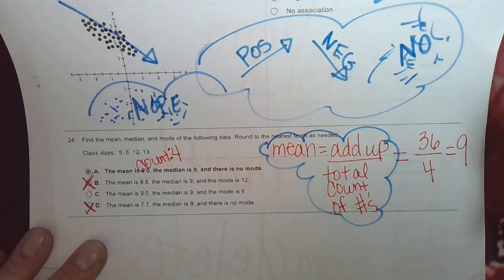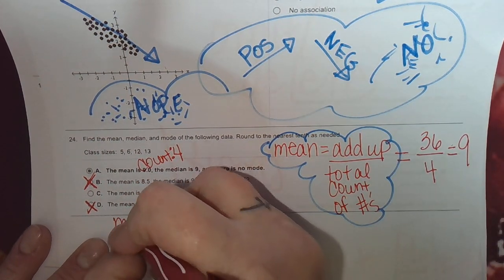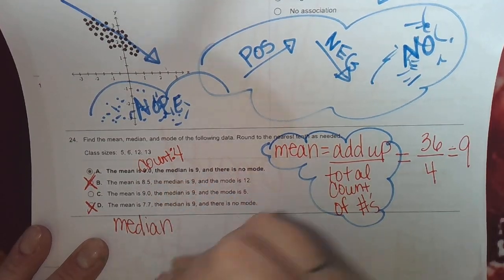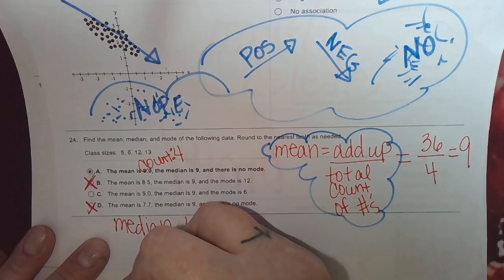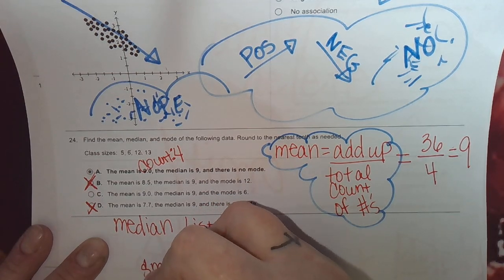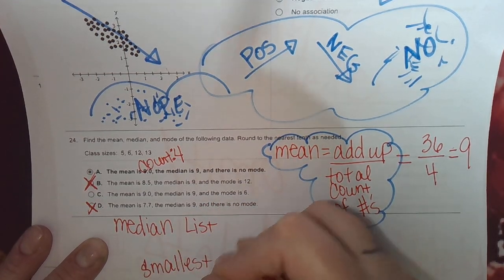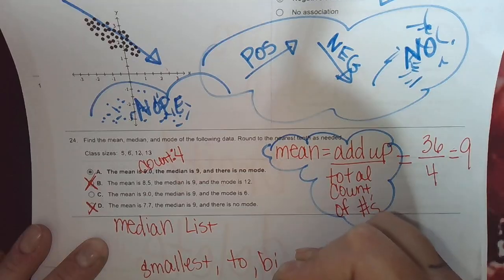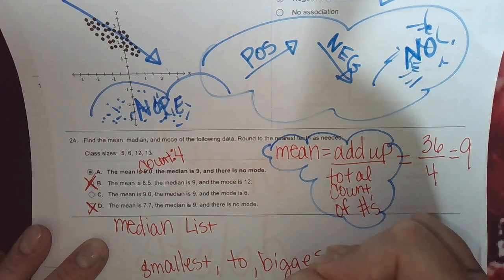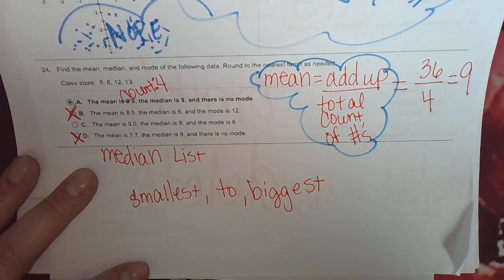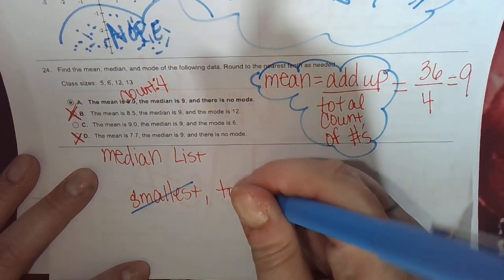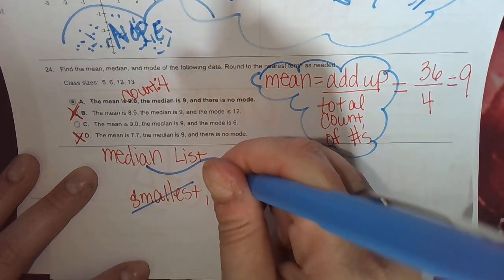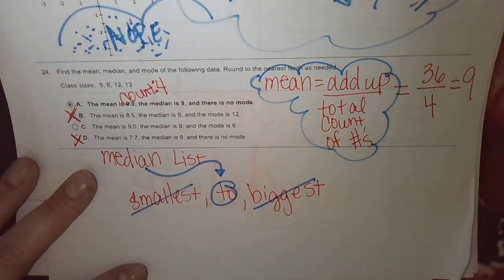Okay, the median is when you list them smallest to biggest, with commas in between, and then you scratch things out, like you scratch the left, you scratch the right, and the median would be this guy in the middle.